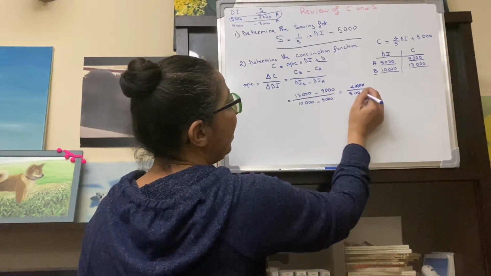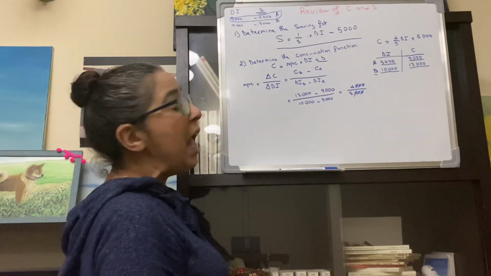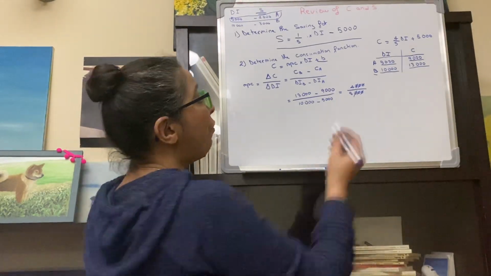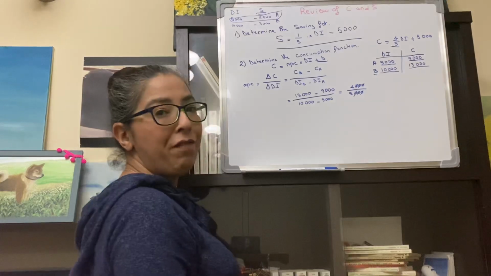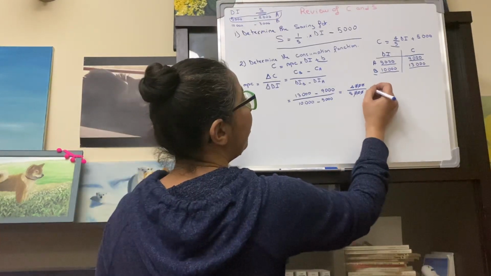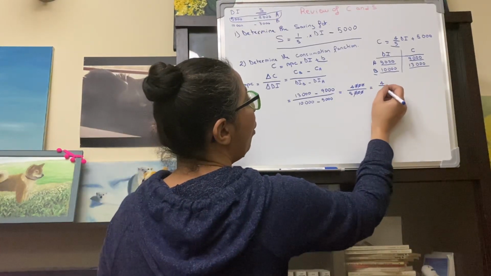I'm simplifying with the zeros. It gives me 4 over 5, which is exactly what we have found before. 4 over 5.